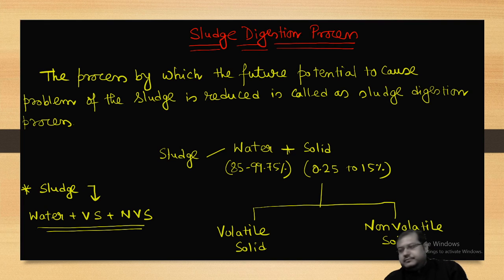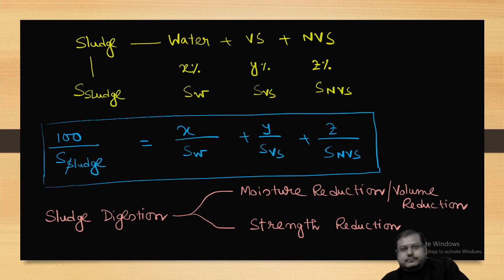Correct. Now, if we need to find out the specific gravity of the sludge, just see the equation. Suppose water is X% and the specific gravity of water is S water.